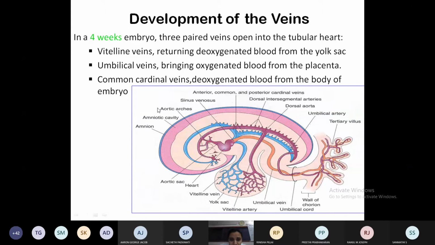Common cardinal veins drain the blood from the body. This is the upper part and this is the lower part. These are the anterior cardinal veins which drain the blood from the upper part, and the posterior cardinal veins drain the blood from the lower part.